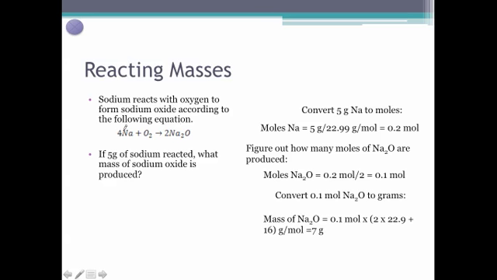Another way of looking at this is for every mole of sodium I get half as much sodium oxide. As you can see here, the ratio is 2:1. There's 4 of these for every 2 of these, which is the same as 2 of these for every 1 of these. So I'll put it another way to you. If I've got 1 mole of this stuff reacting, I must end up with half a mole of this stuff.